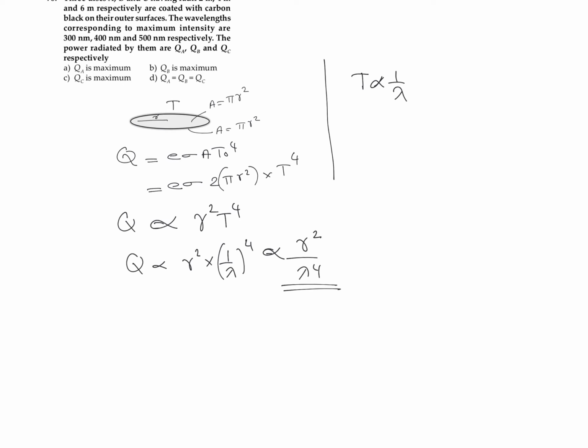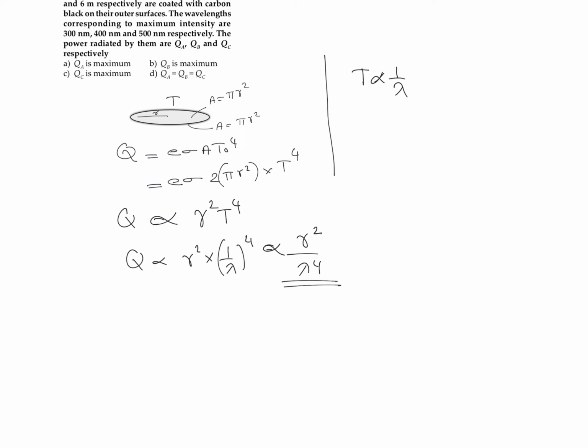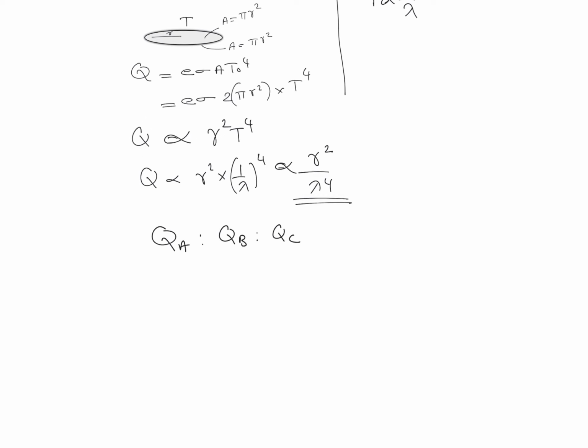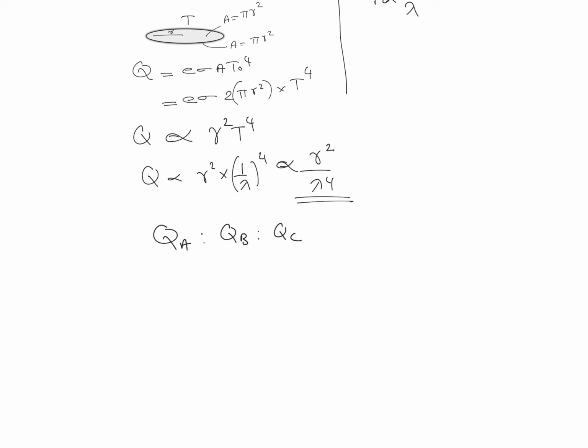So we can find out the ratio of heat energy emitted in different situations, like if you want to find the values of QA, QB and QC. For Q proportional to r square by lambda raised to 4, in the QA situation, the radius is 2, so we can write 2 square divided by the wavelength 300 nanometers, so 3 raised to 4.